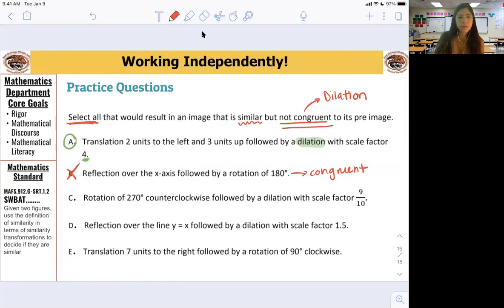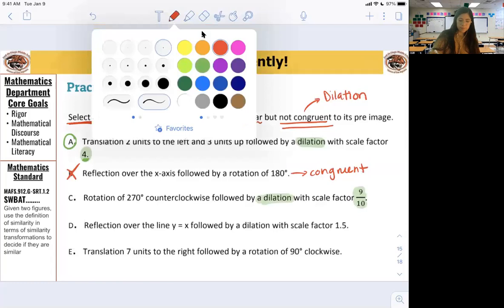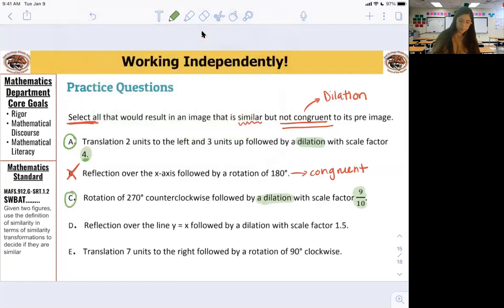C, rotation of 270 degrees counterclockwise followed by a dilation with a scale factor of 9/10. Again, the scale factor is telling me that it's going to become what? Larger or smaller? Smaller. So it is no longer congruent.